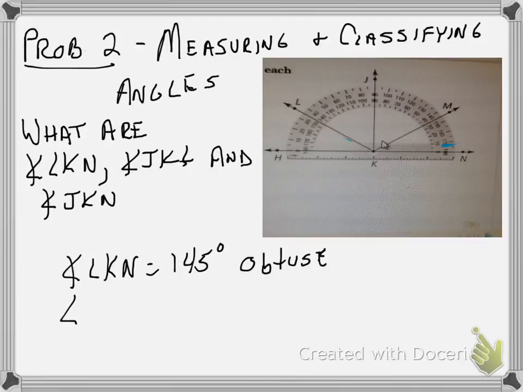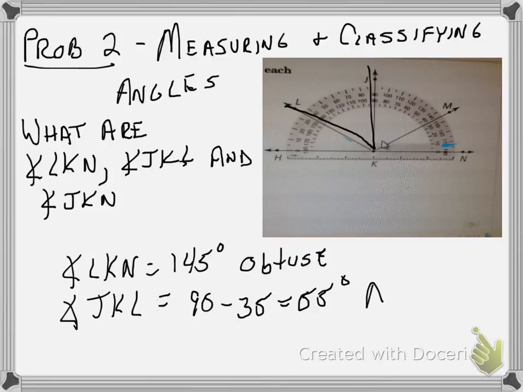If we're measuring angle JKL, JKL is right here. It's an acute angle, so we're going to look at the difference between 35 and 90. I take the biggest one, which is 90, and I subtract the smallest, which is 35, and that gives 55 degrees.